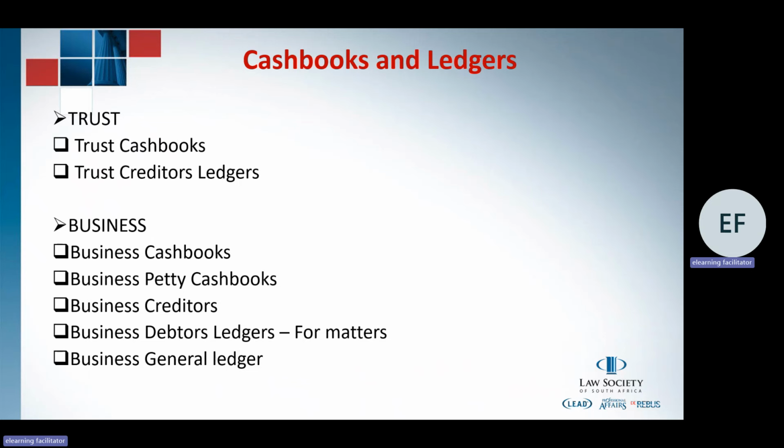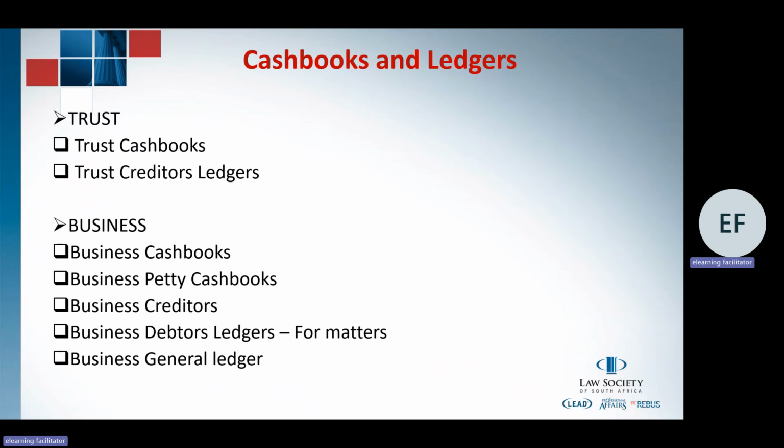So what I will do with the cash book in our example, I will illustrate how we draw up a cash book, and with the trust, the only ledger that comes out of our trust accounts is the trust creditors ledger.